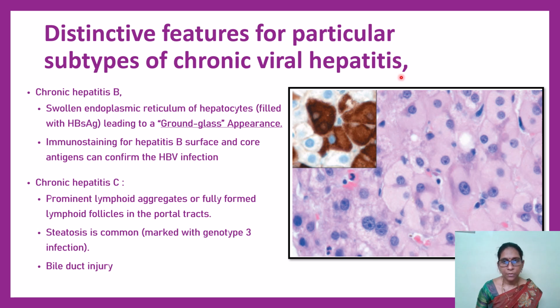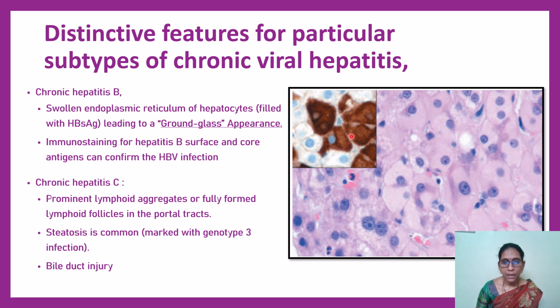Particular subtypes of chronic viral hepatitis would have distinctive features. Like in chronic hepatitis B infection, there would be swollen endoplasmic reticulum of hepatocytes, which is due to the filling up of cells with the endoplasmic reticulum with the hepatitis B surface antigen, which gives an appearance called ground glass appearance.